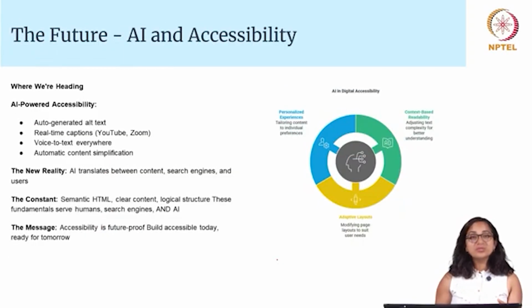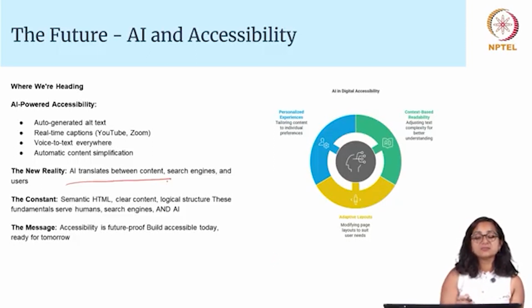So, the future with AI and accessibility is that now with AI-powered accessibility, there is auto-generated alt text, real-time captions, voice to text everywhere, automatic content simplification. The new reality is that AI translates between content, search engines and users.